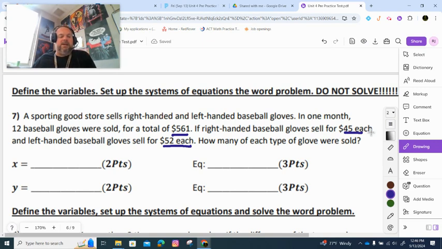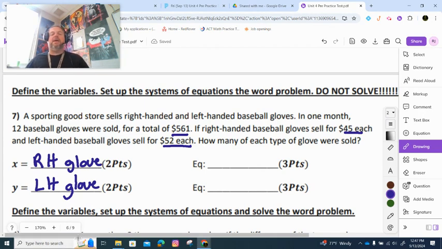All right, so x we're going to say is the right-handed glove. And I am using shorthand because previously I tried to write right-handed and it just was bad. All right, this would be left-handed.